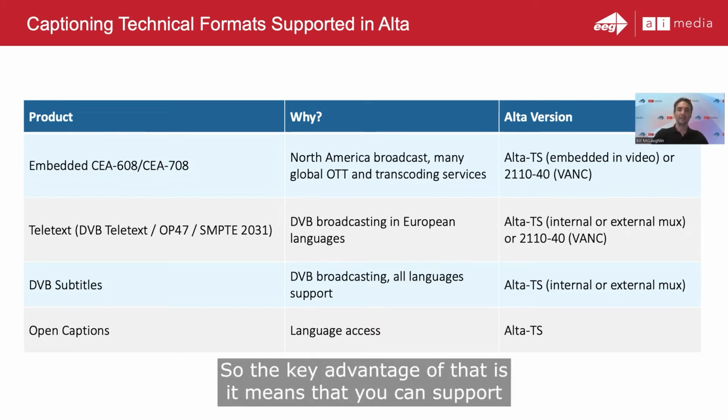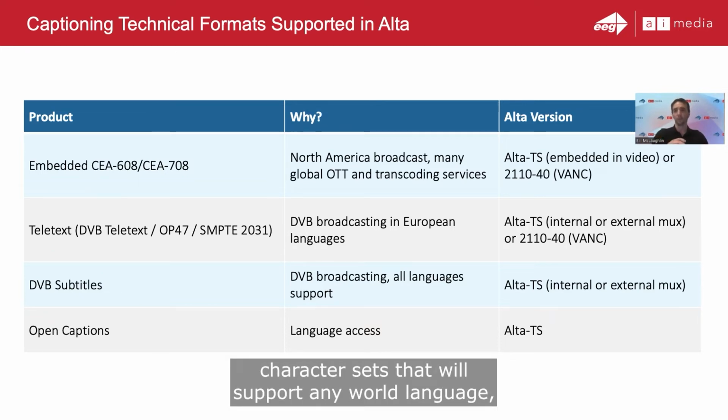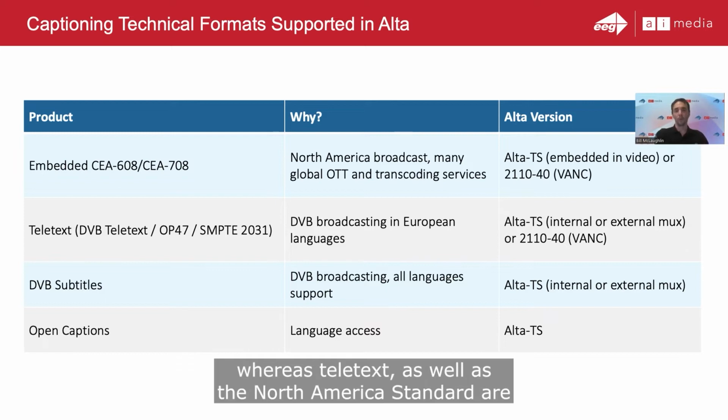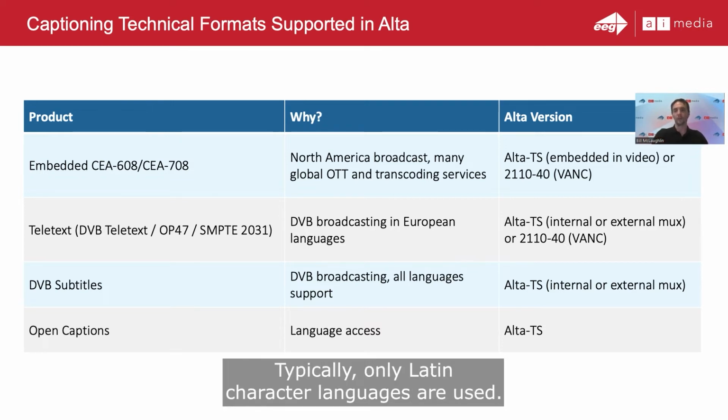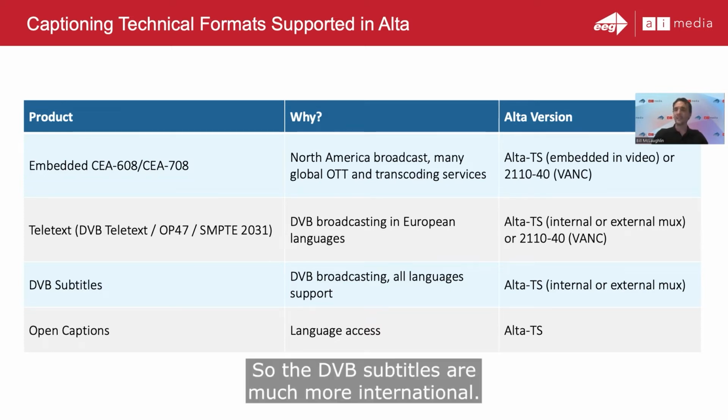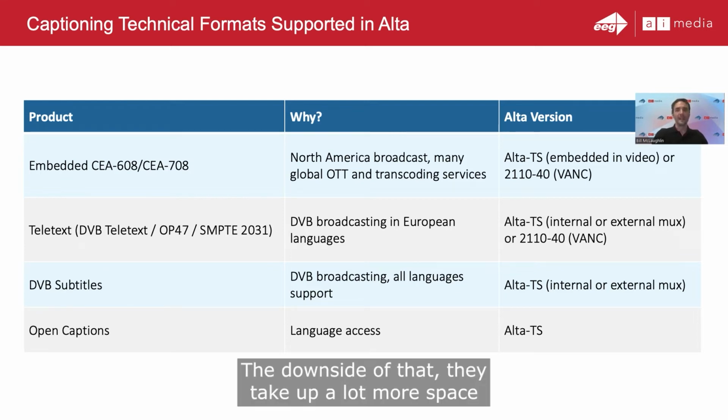The key advantage of that is you can support character sets for any world language, whereas teletext, as well as the North American standards 608 and 708, have much more limited language support. Typically only Latin character languages are used. So the DVB subtitles are much more international. The downside is they take up a lot more space in the stream because they're fully rendered.